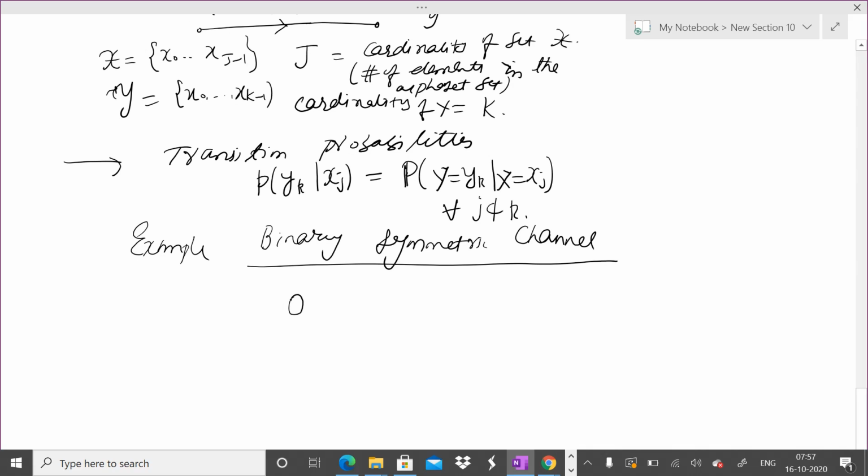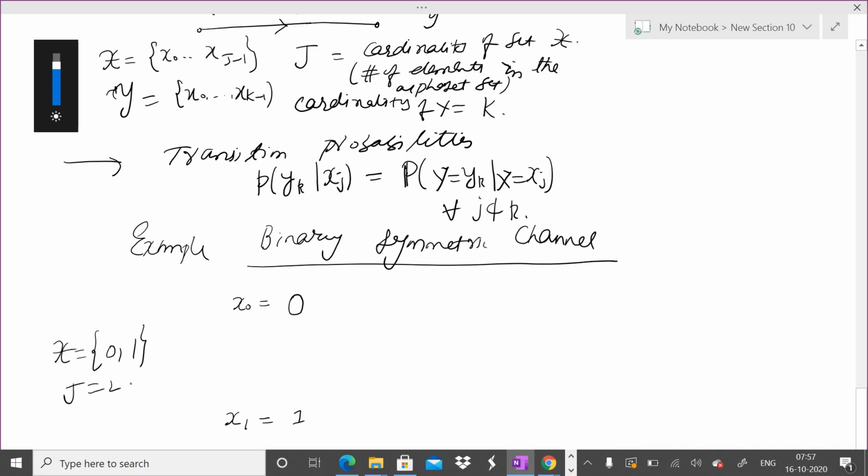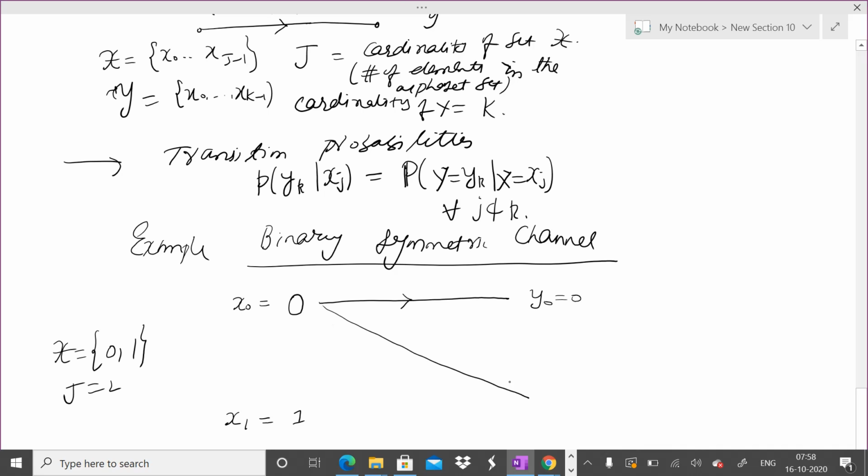So what is it? The input is 0 or 1, so your alphabet size j is 2. What can the channel do? The channel may transmit 0 as it is, so the receiver also receives 0, or it may flip the 0 to 1, so the receiver may receive 1.